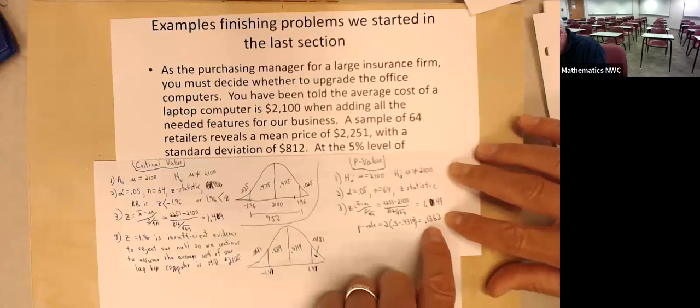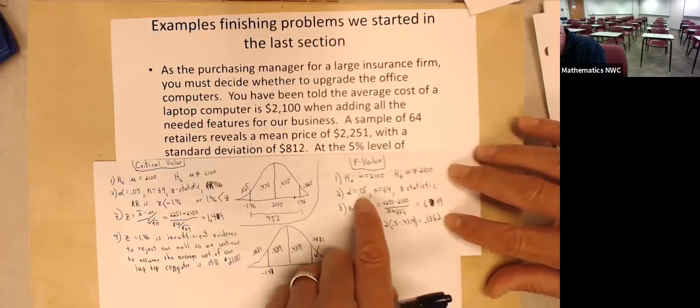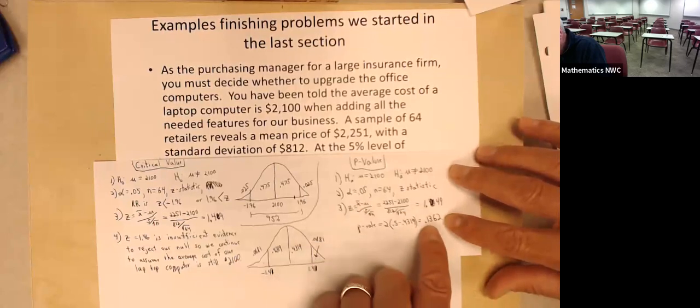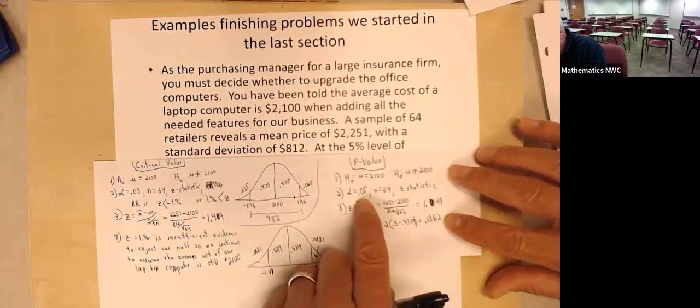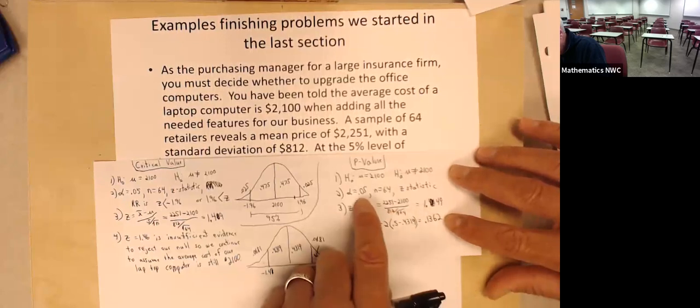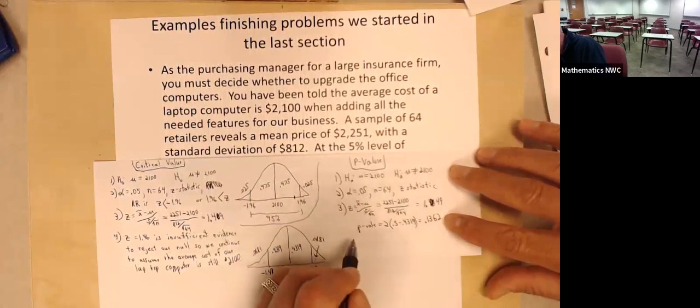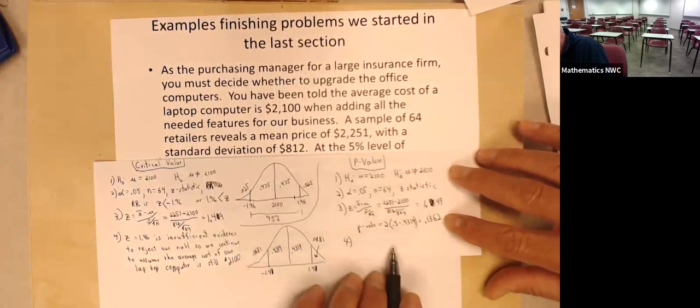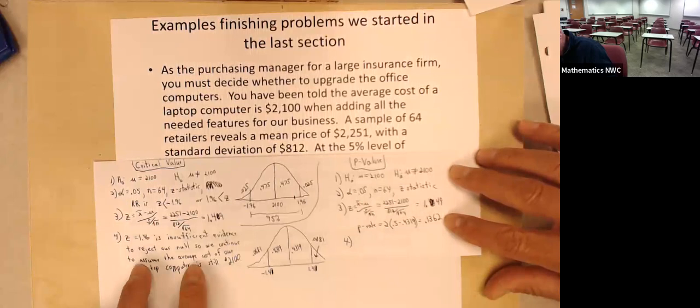Okay? So I'll say that again. If the p-value is less than your alpha, you reject the null. If the p-value is not less than alpha, which in this case it's not, 13% is not less than 5, I have insufficient evidence. That is why my step 4 is going to be same conclusion as this one.